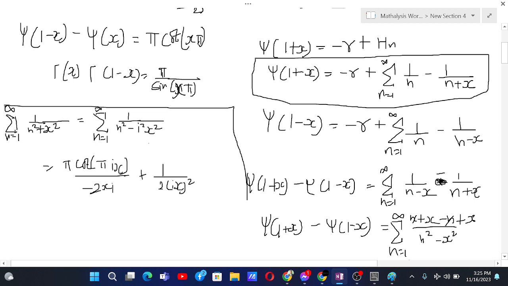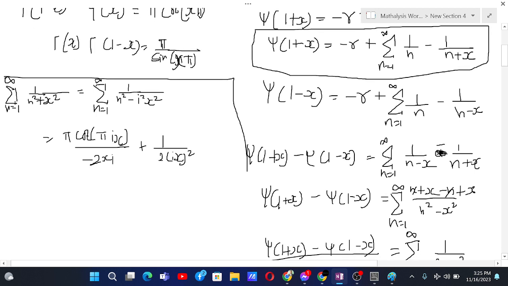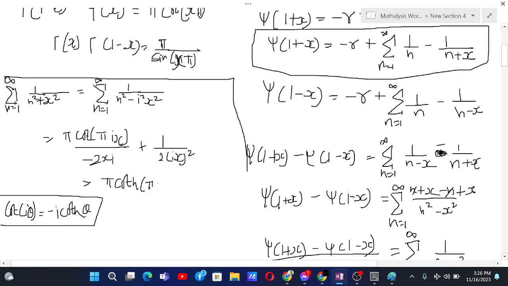So just put ix in place of x, and now we know that cot of i theta equals minus i coth theta. This one is also easy to prove. Just use the formulas for hyperbolic functions, and this will then be minus pi coth pi x by 2x.